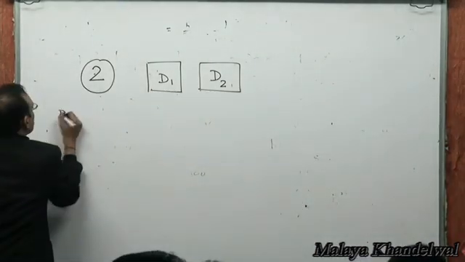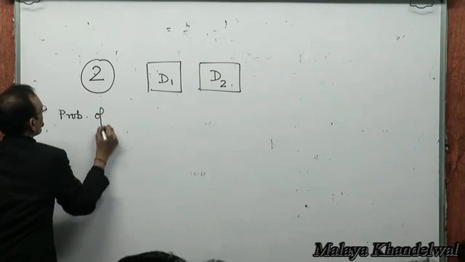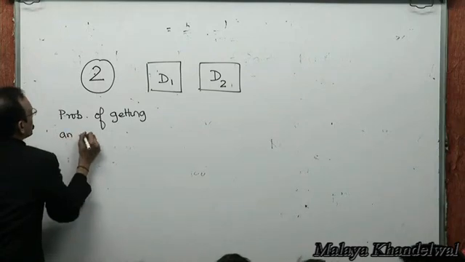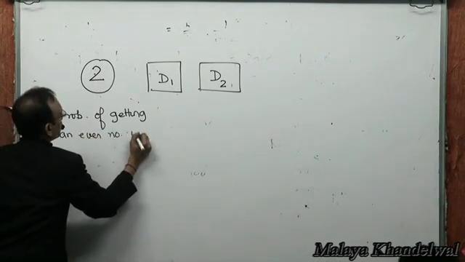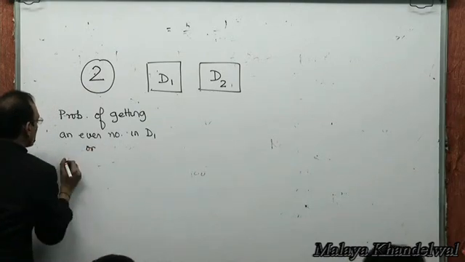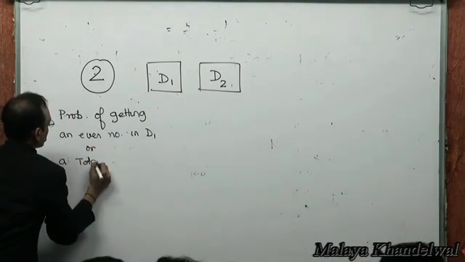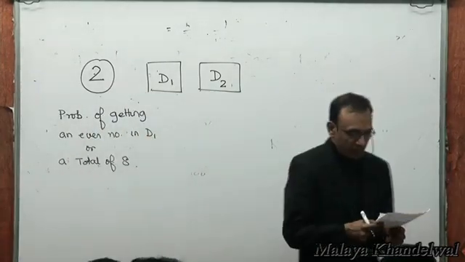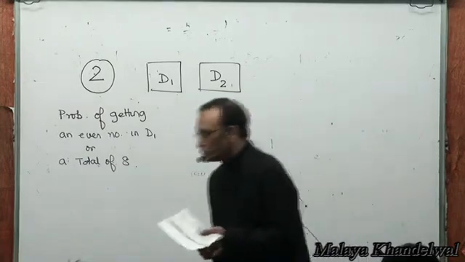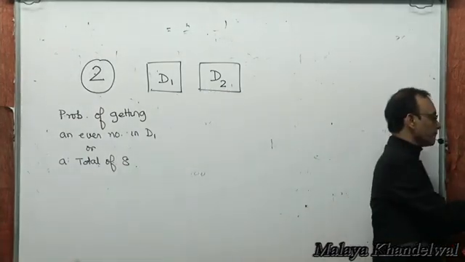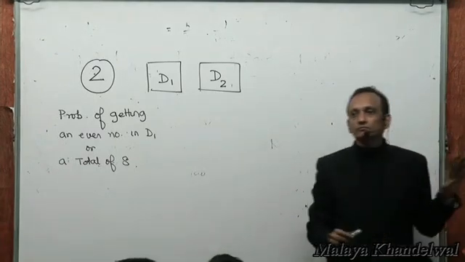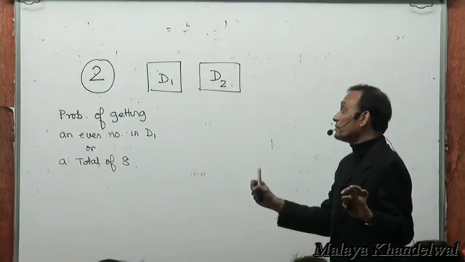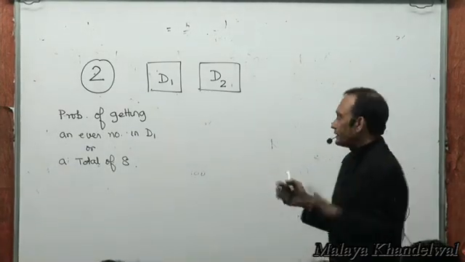We want to find the probability of getting an even number in D1 or a total of 8. Do you understand the problem?